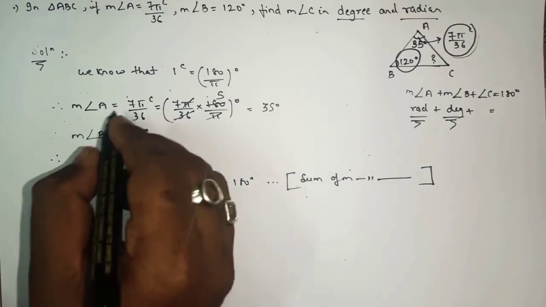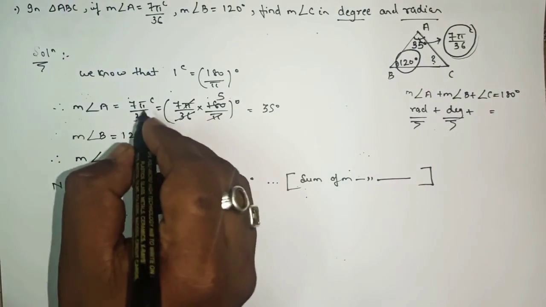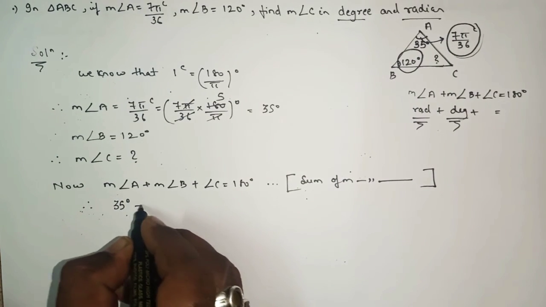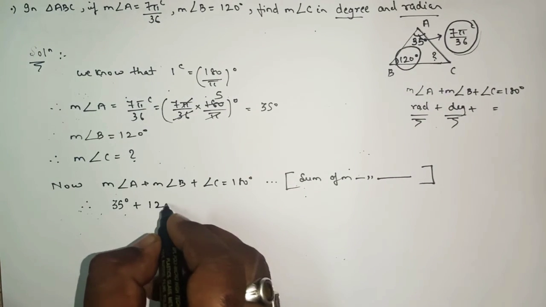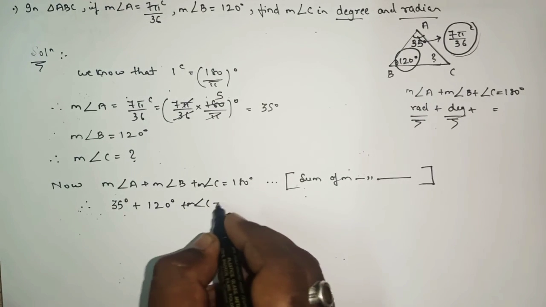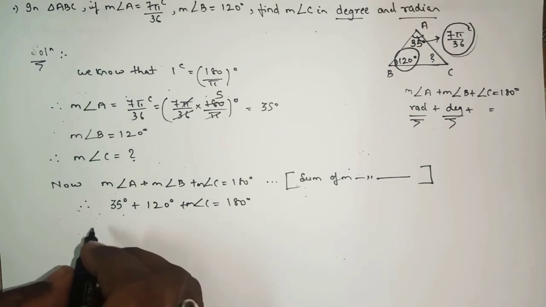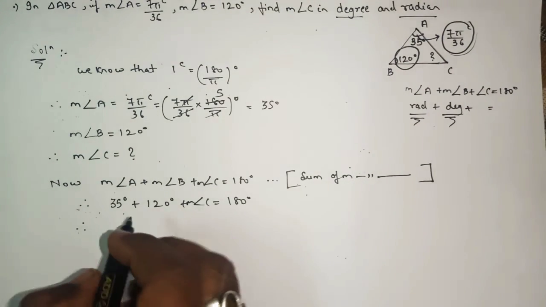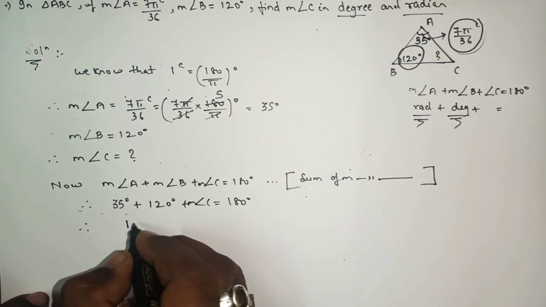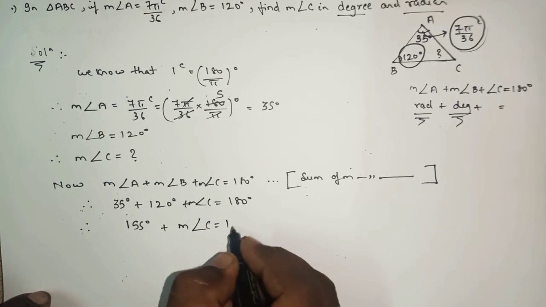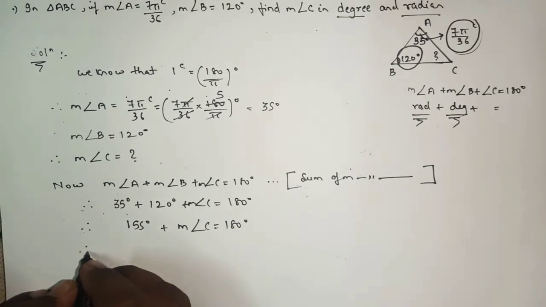So measure of angle A, first it was in radian. We had converted this radian into degree, so this will be 35 degree. Measure of angle B is 120. We'll keep the measure of angle C as it is because we have to find the answer. So 35 and 120 will be 155 degree, plus measure of angle C equals 180.